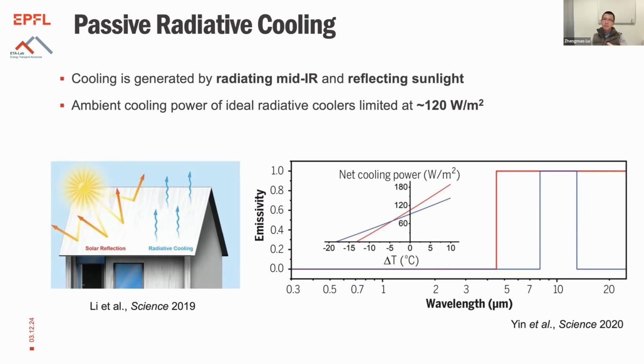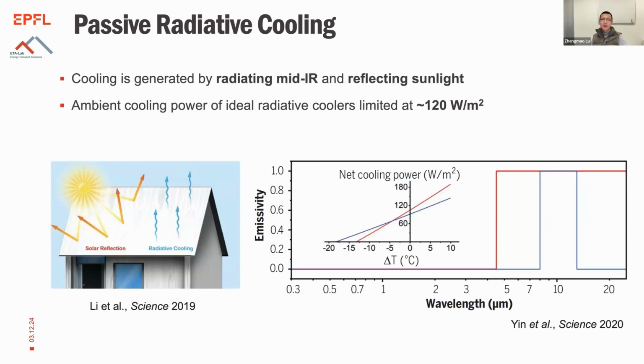So this can be good already for a lot of applications. The problem is, one, you need a lot of area if you are limited by the 100 watts per meter square to do something useful. And two, this thing is very sensitive to the weather condition, as we'll see later in my experimental data.